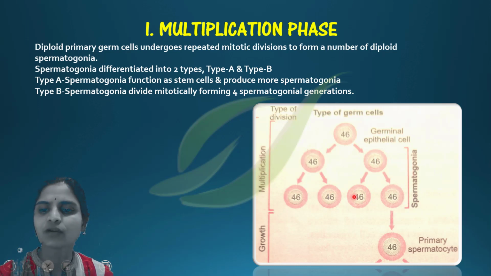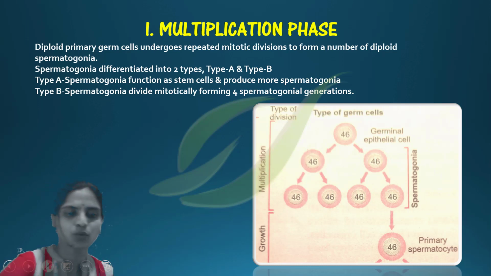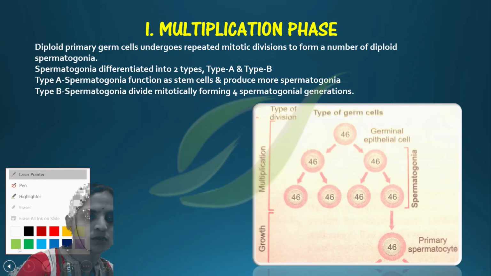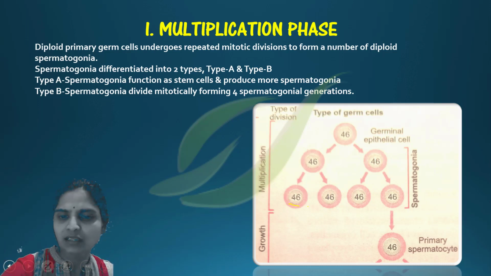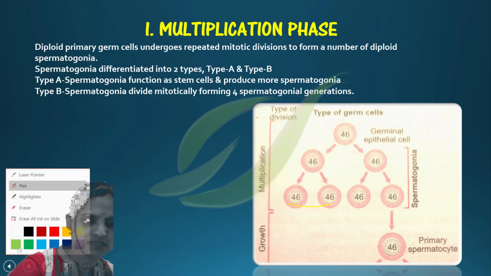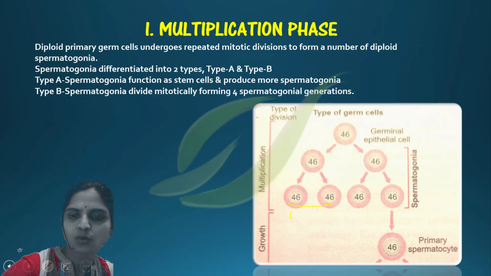Now, for example, we are having here 4 spermatogonia. Of these 4 spermatogonia, some of them are considered as type A spermatogonia. So imagine that these are considered as type A spermatogonia.